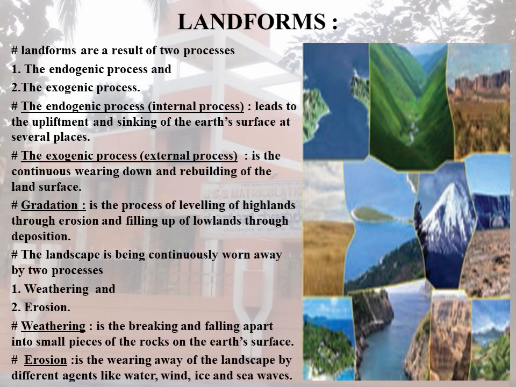Erosion is the wearing down of the landscape by different agents like water, wind, ice and sea waves. The eroded material is carried away by water, wind, etc. and eventually deposited. These processes of erosion and deposition create different landforms on the surface of the earth.